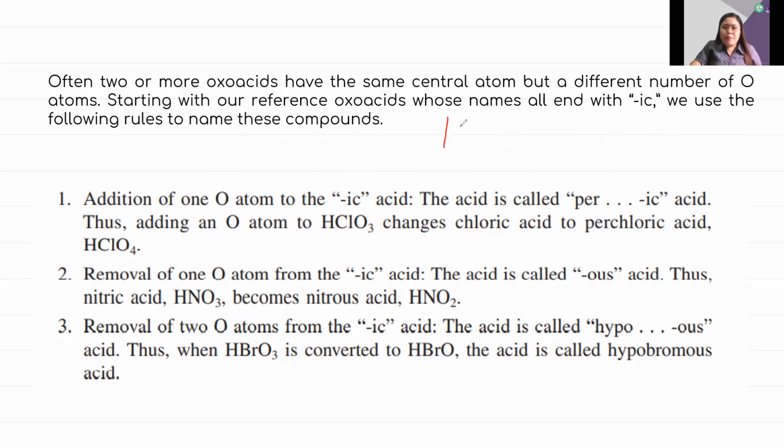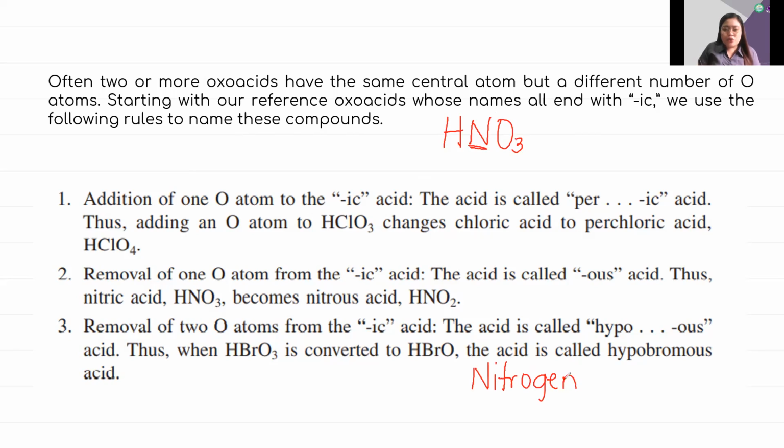Now, another example, HNO3. It is still an oxoacid because you have the hydrogen, the oxygen, and the central atom nitrogen. How do we name this? You can use my guideline. You start with the central element, which is nitrogen.